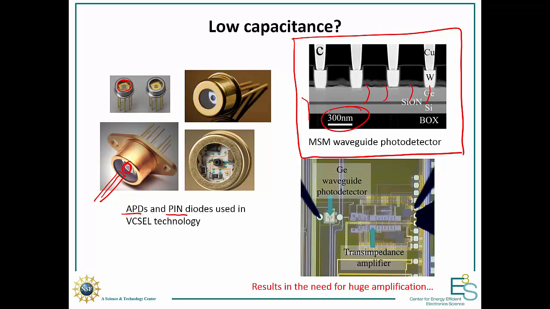Now, the problem is, here we've got the picture of the entire chip with the amplifier. That's what we derived the energy for earlier. And here is that germanium waveguide detector, which is not this one, but it looks kind of like that one.